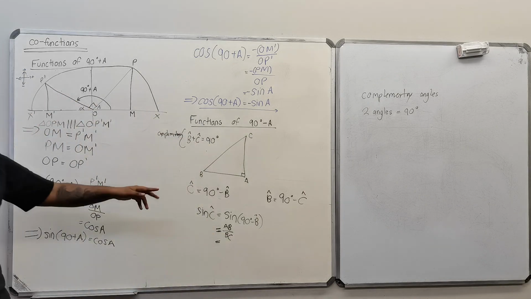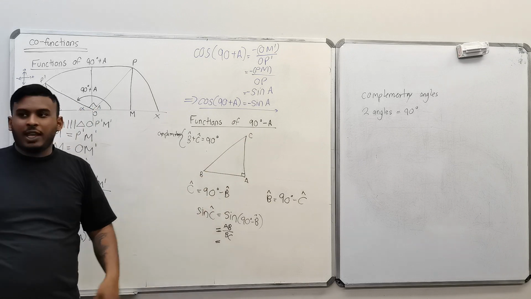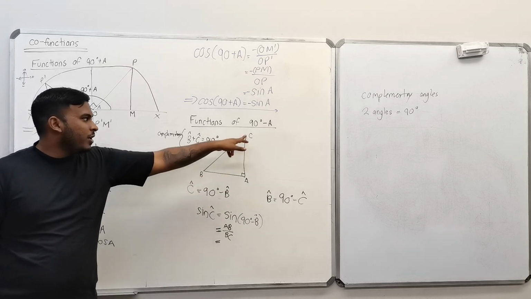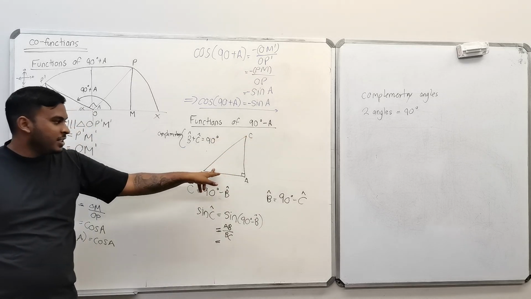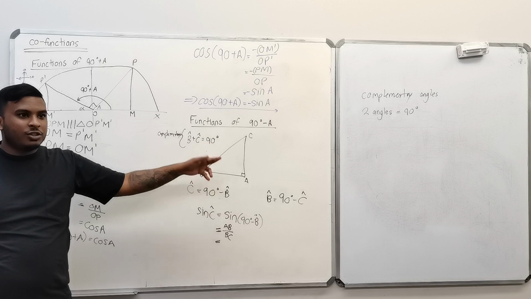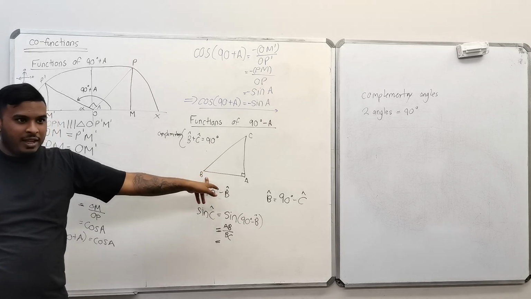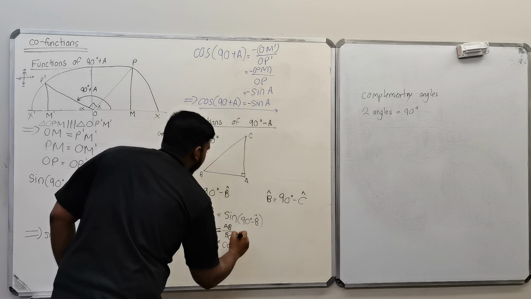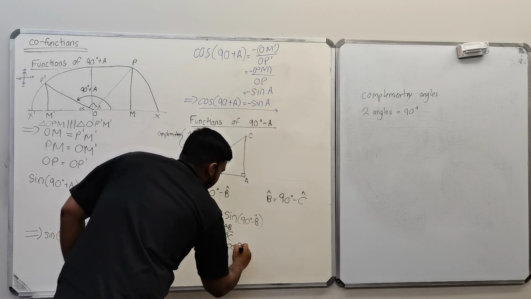AB over BC. In terms of the other angle, AB over BC is cos of that angle. So this would be cos of B.